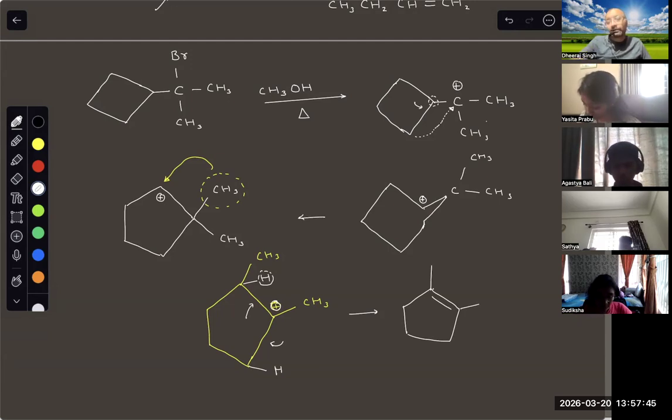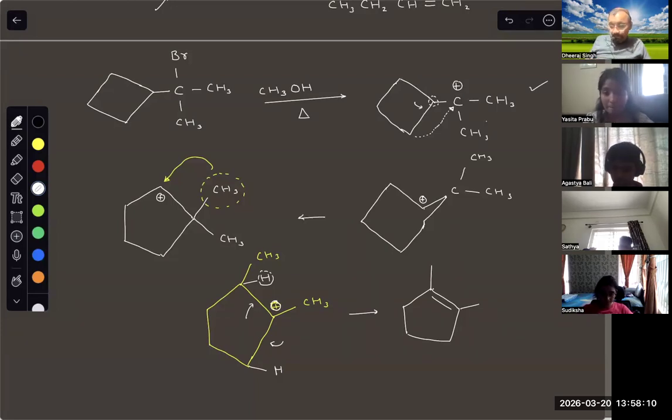Anybody has any doubts? Please ask. Anything? Shall I proceed? Yes. So can you repeat the whole mechanism once more? See, this is a carbocation that gets formed. This is clear, I guess. Right?